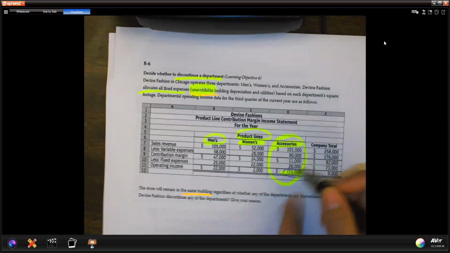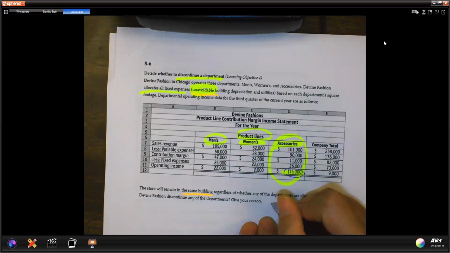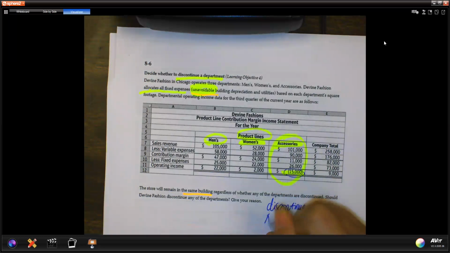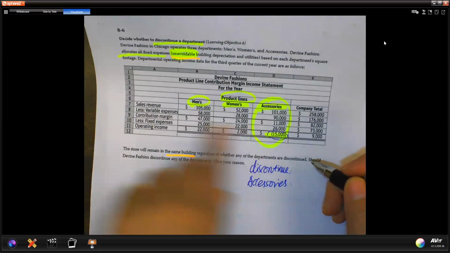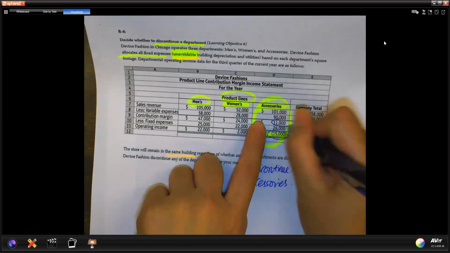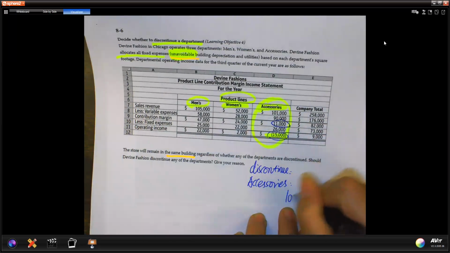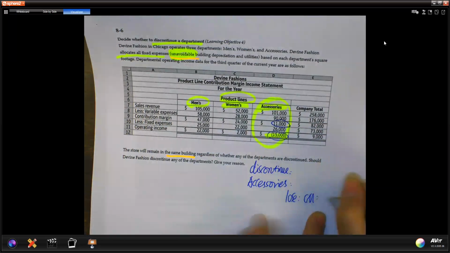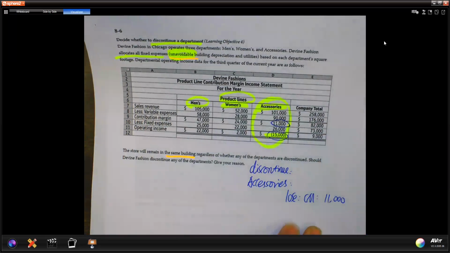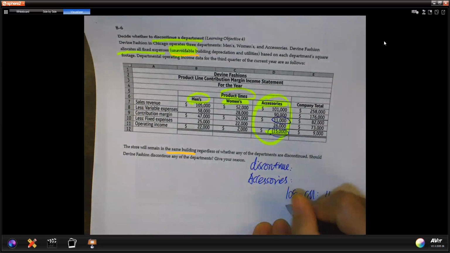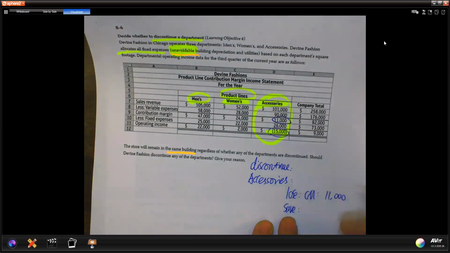So let's say we discontinue our accessories. If we discontinue this one, we will lose the contribution margin. So we will lose contribution margin 11,000. Do we save anything from the fixed cost?